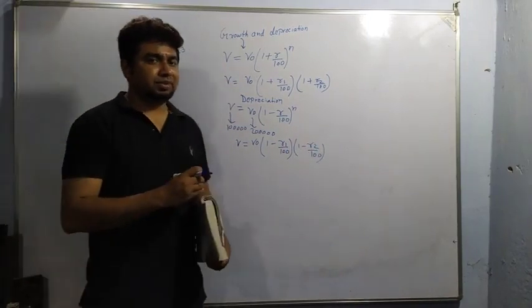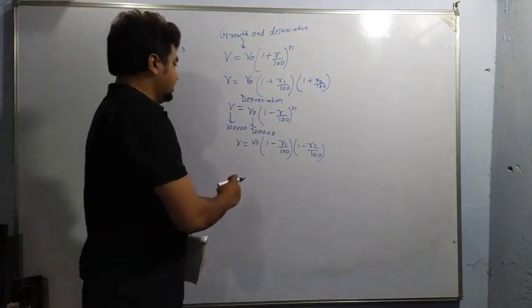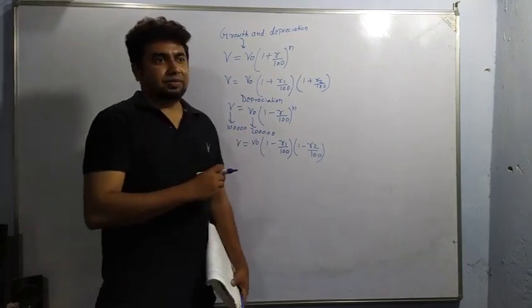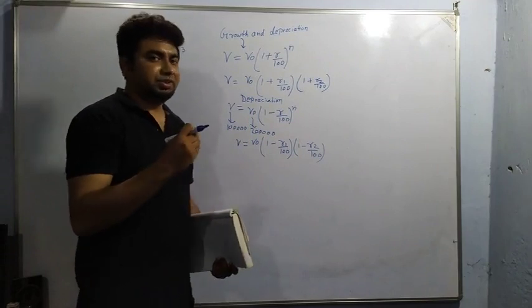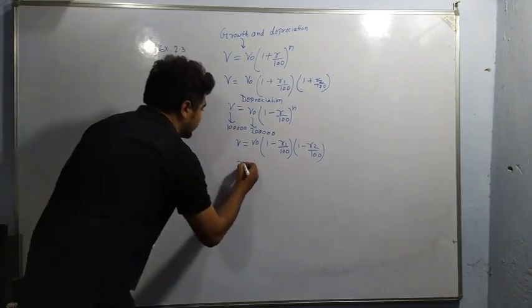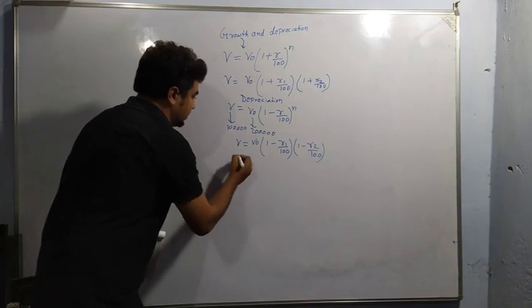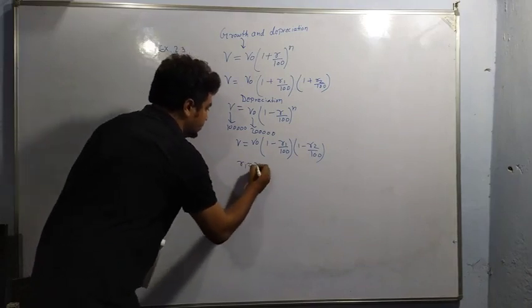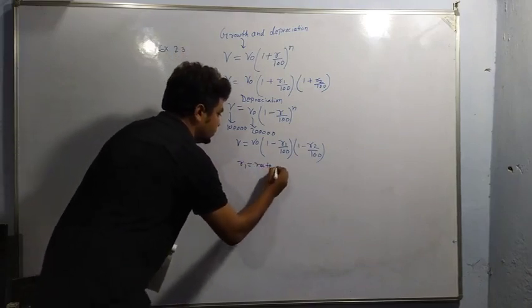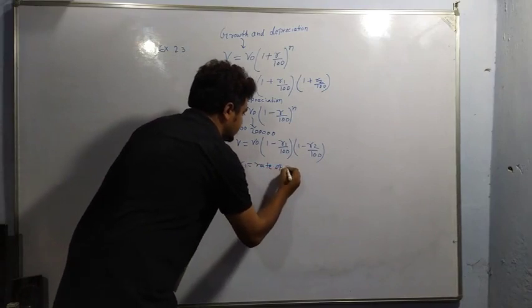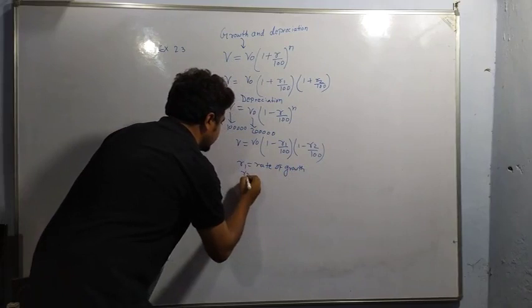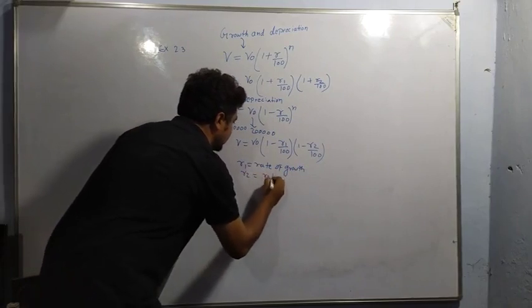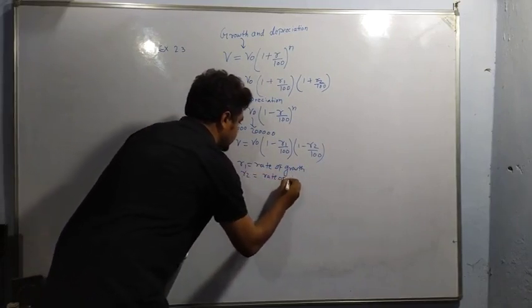Now there can be one more case, that in the first year it was a case of growth, and in the second year it was a case of depreciation. R1 is the rate of growth, and R2 is the rate of depreciation.